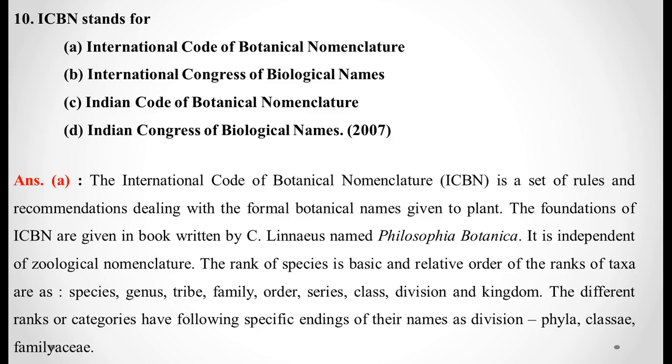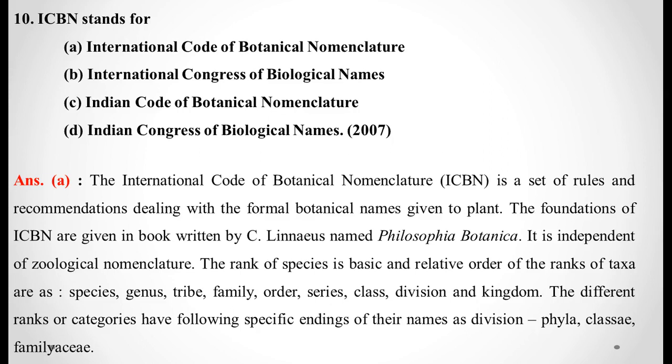Rank of species is basic, and the relative order of the ranks of taxa is: species, genus, tribe, family, order, series, class, division, and finally kingdom. Kingdom is the supermost category or rank, and the lowermost is the species.